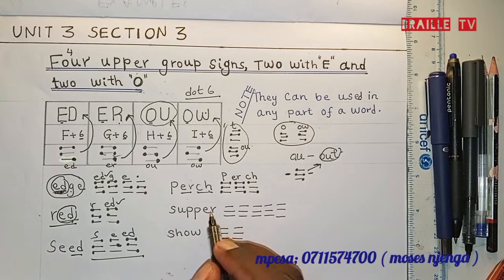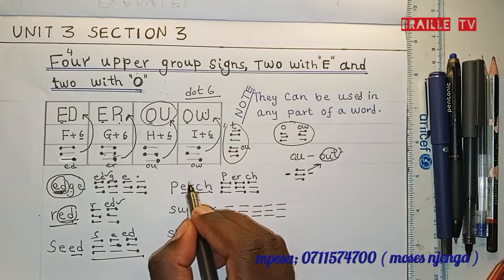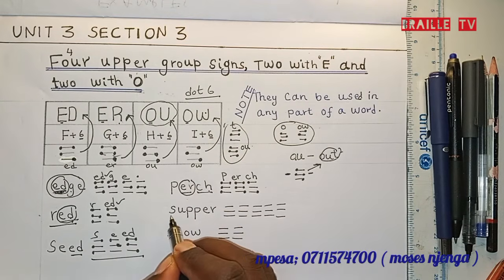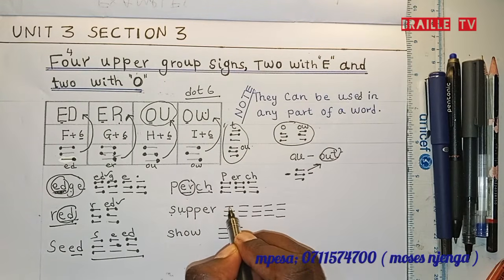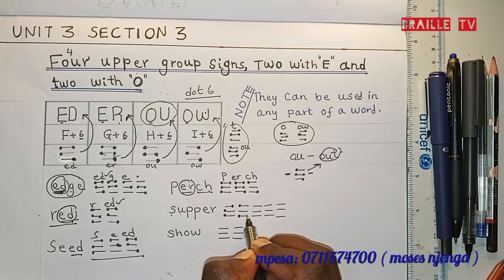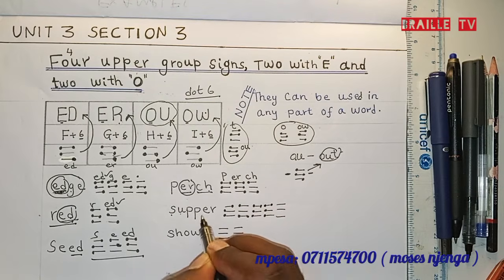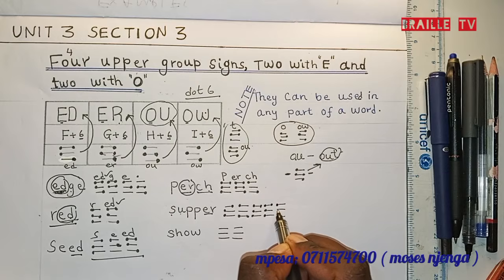The word supper, you can see now ER is at the middle of a word, okay? Now let us write this one. S-U-P-P, you spell out, okay? You spell out S, then U, very fast, and then P, and then also P, again you write P, and then you contract ER. I said ER, it is G plus dot 6.